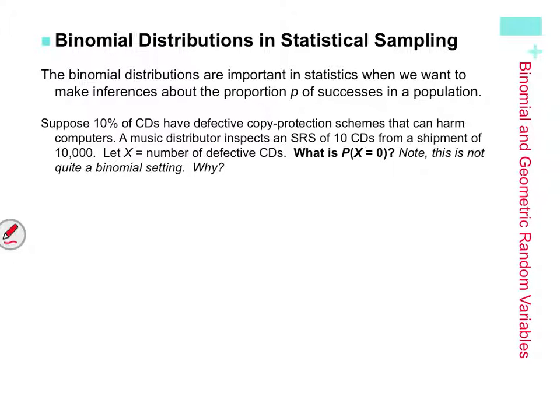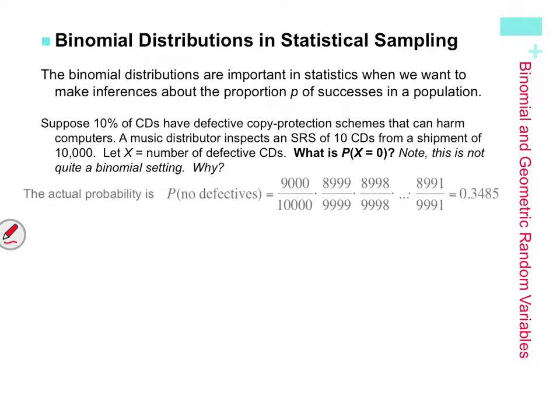So in other words, it's not a binomial setting, but because it's very close to it, we're going to use a binomial setting anyway. The next thing will show you why we can do this. The actual probability of no defects would be 9,000 over 10,000, that's what the shipment starts with.